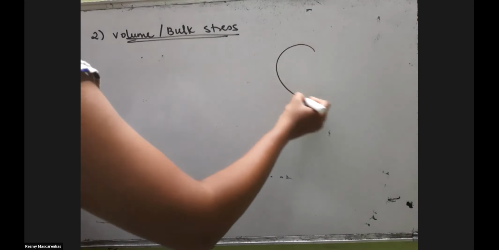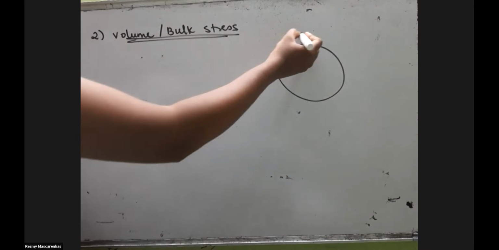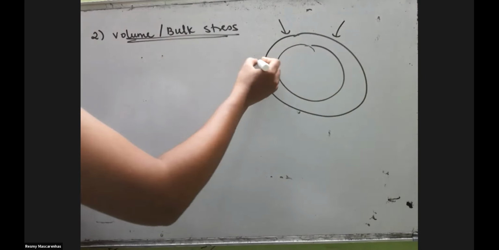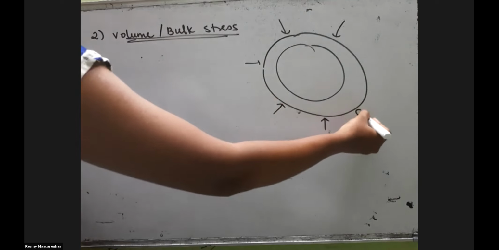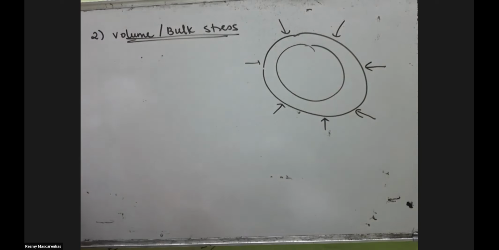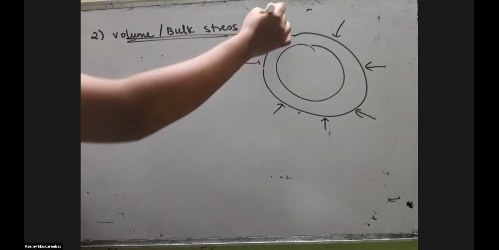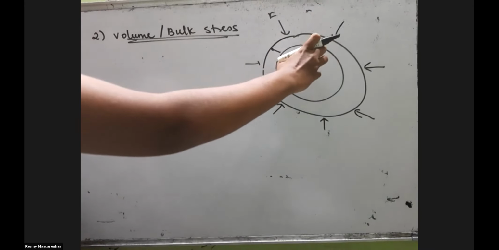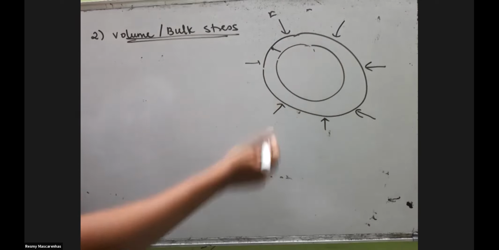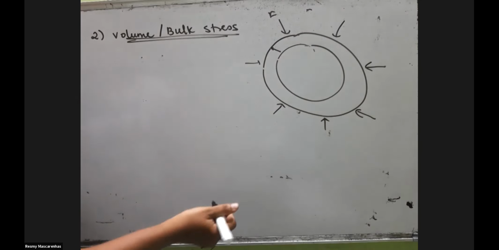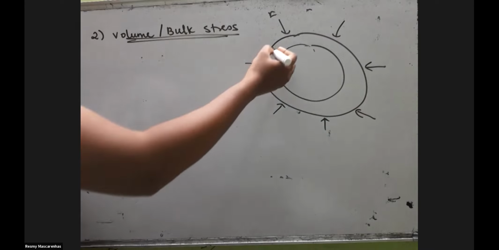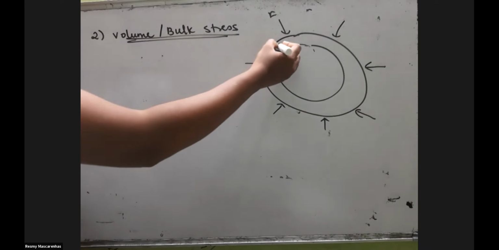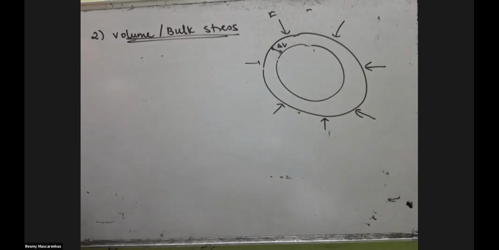It's like considering a circle, suppose you have a bigger circle and you're applying forces in all the directions. So what is going to happen? This entire wall will get compressed to a new shape here. It will go inside. Of course, this will be the change in the volume.